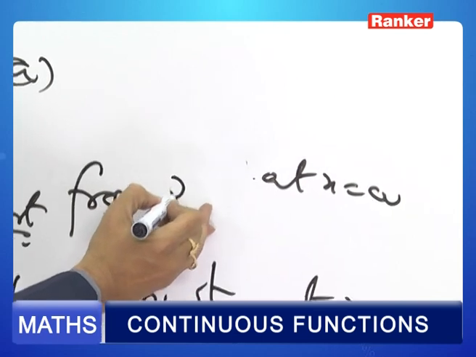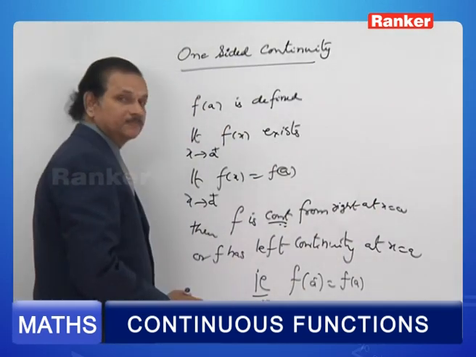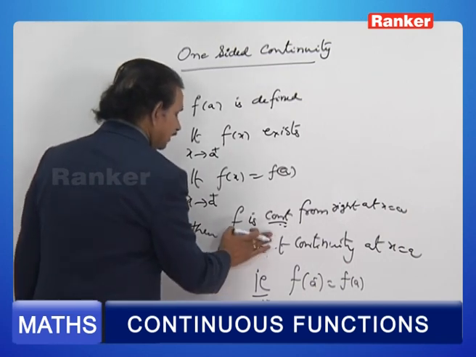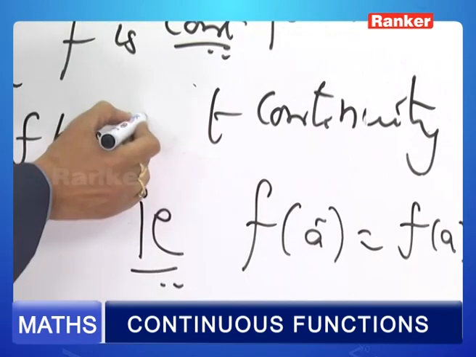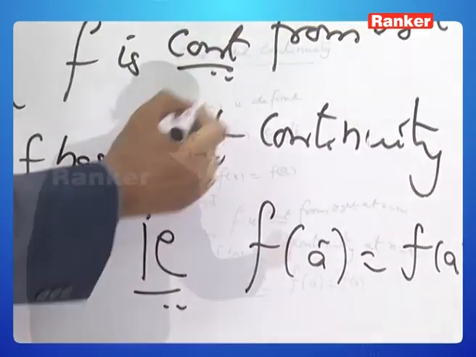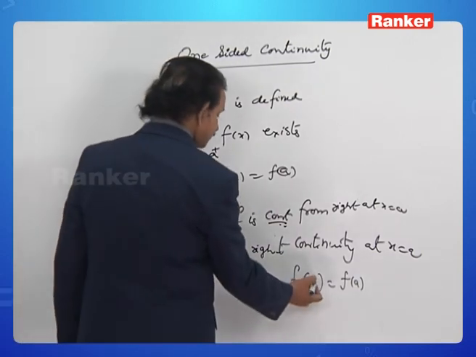From right, x is equal to a. Or right continuity at x equal to a. Then this condition changes.